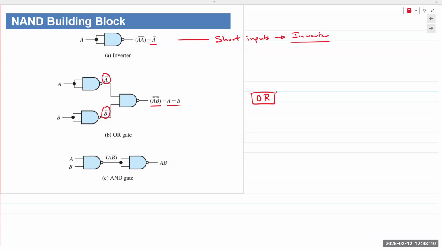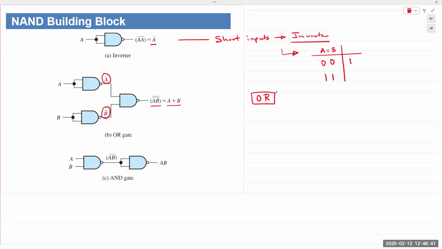And you can easily do the truth table and verify yourself that it works. As an example, if I do this, you have A, B, but both are shorted, so A equals B. So if you apply 0, 0, and you do an AND, and you invert it, you get a 1.